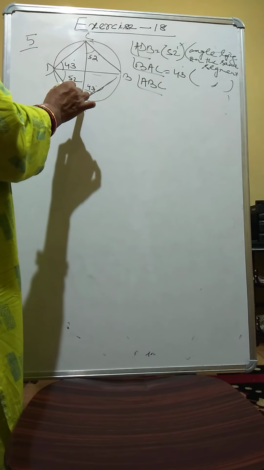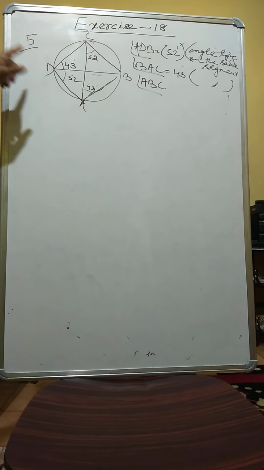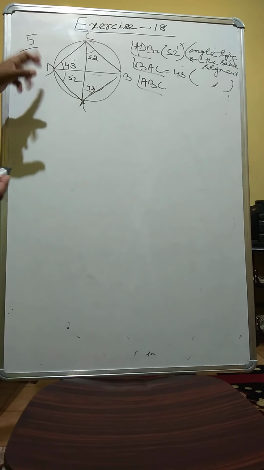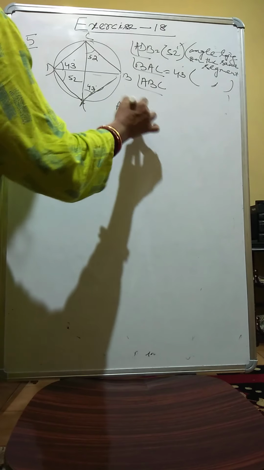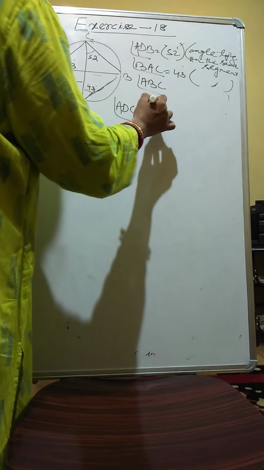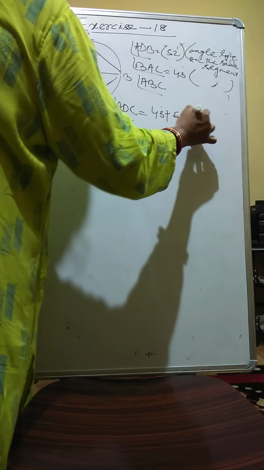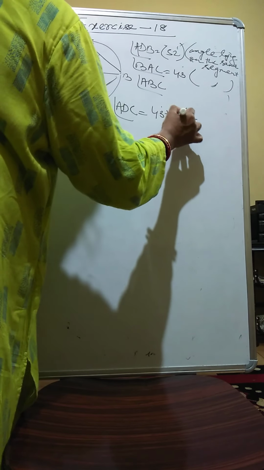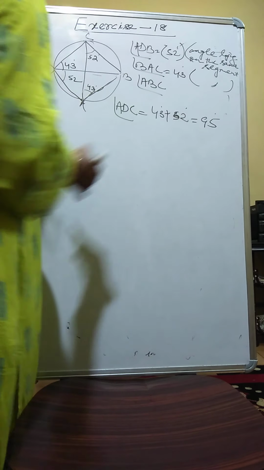Now, we have to find out ABC. Children, look at this. ABCD is a cyclic quadrilateral because the points are lying on the circle. Hence, it is a cyclic quadrilateral. I will write ADC angle is 43 plus 52, that is 95 degree.